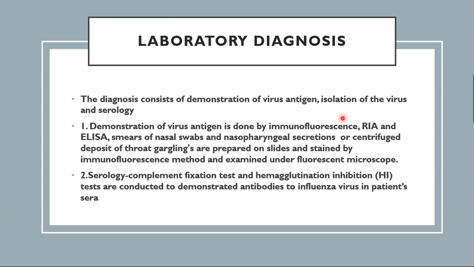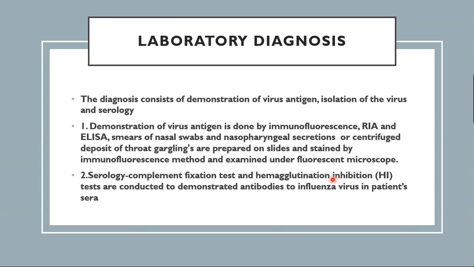Demonstration of the virus antigen is done mainly by the immunofluorescence technique, then RIA and ELISA. Smears of nasal swabs and nasopharyngeal secretions, or centrifuge deposit of throat garglings, are prepared on slides, stained by the immunofluorescence method, and examined under a fluorescent microscope.